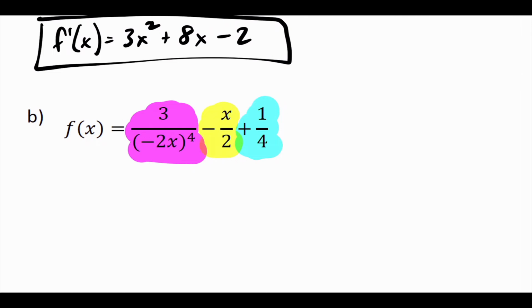So for the purple fuchsia color, what is my coefficient going to be? No. What do I have to do first here? It's all to the 4th power, right? So I have to raise everything to the 4th power. So what is -2 to the 4th power? 16, right? So this is actually this.